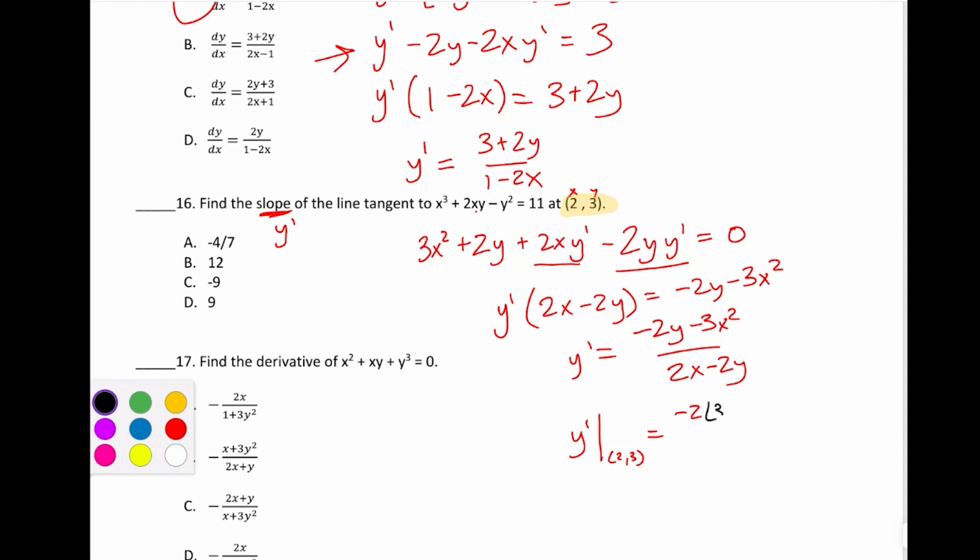So I'm going to say times 3 minus 3 times x squared. So that would be times 4 because x is 2. Divided by 2 times x, which is 2, minus 2 times y, which is 3.